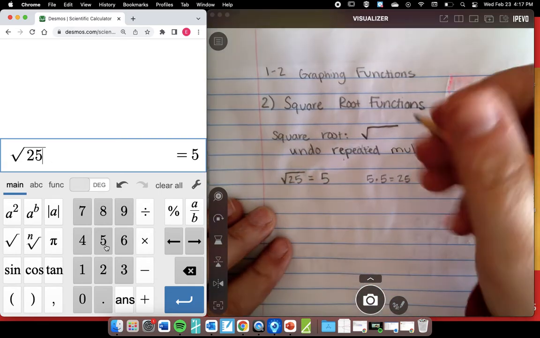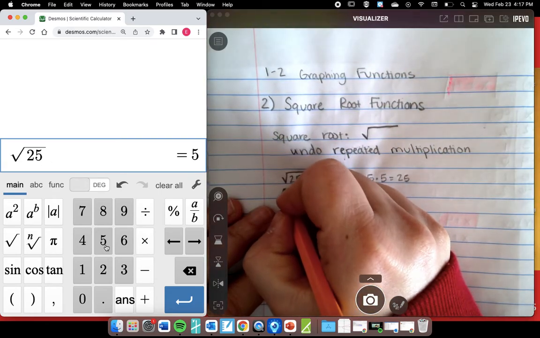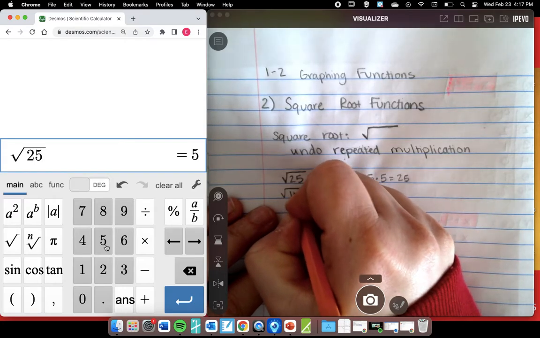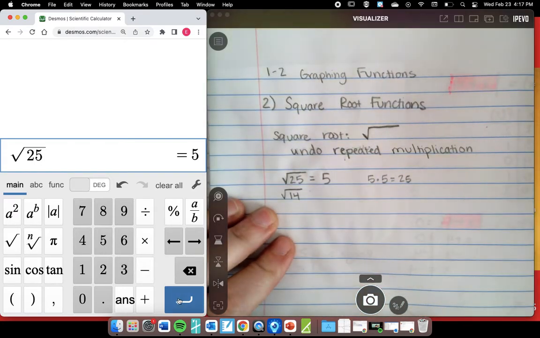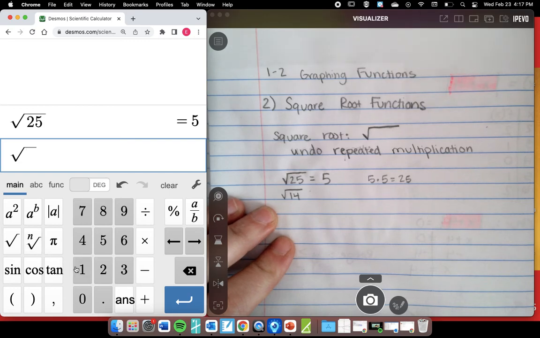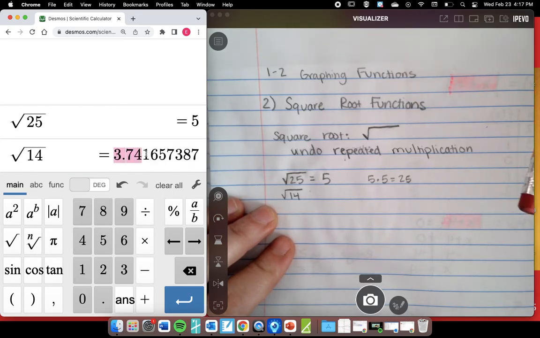We could do the square root of 14. That's going to be a decimal number, and that's okay. We can estimate the square root of 14 as about 3.742.